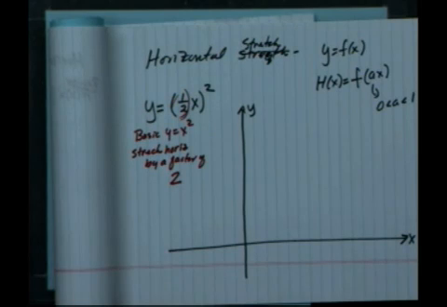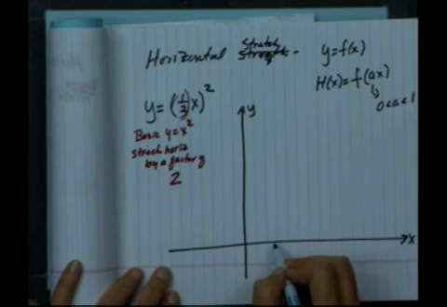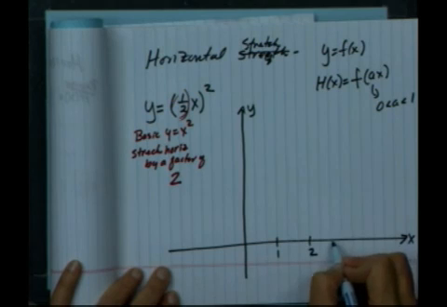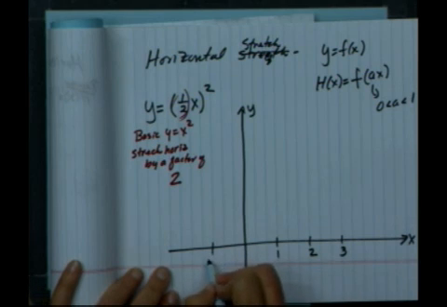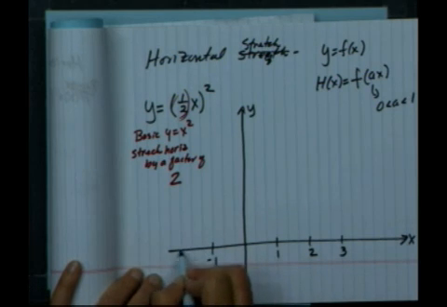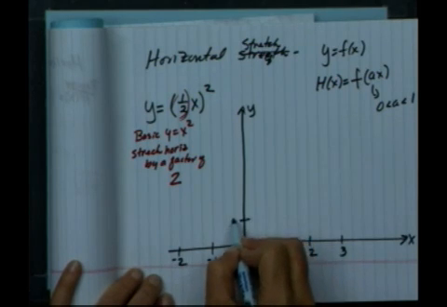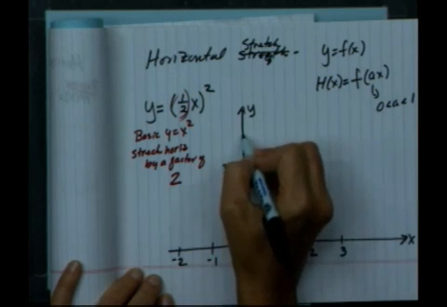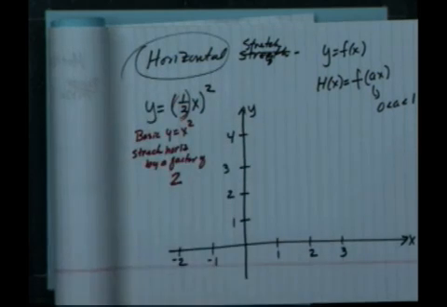So let's first graph y equals x squared. We'll put 1 right here, 2, 3, -1, -2. Remember, horizontal is just playing around with the x's.